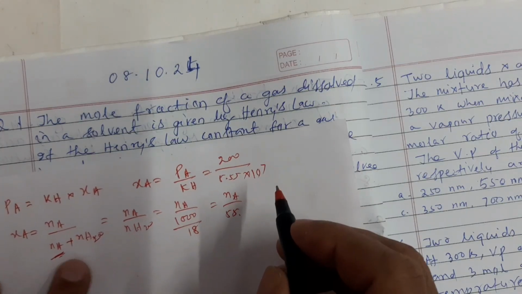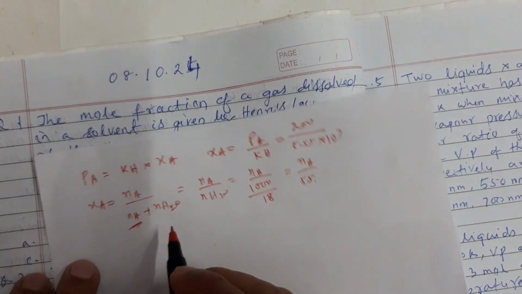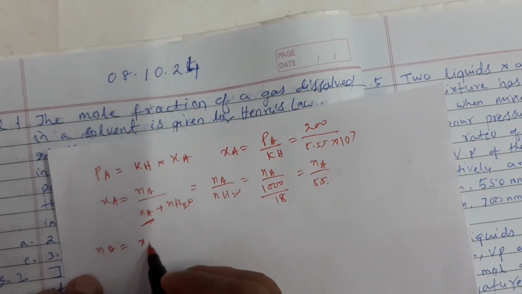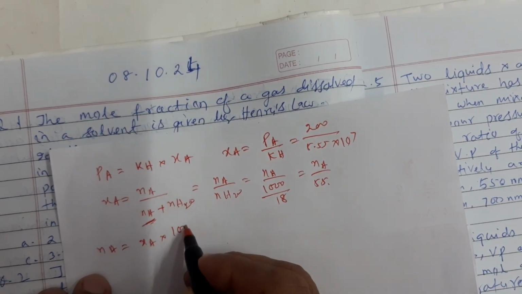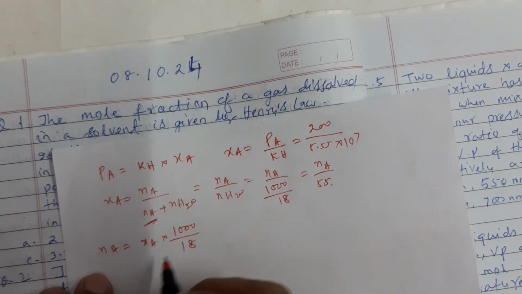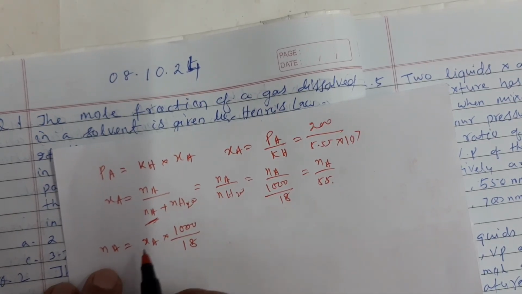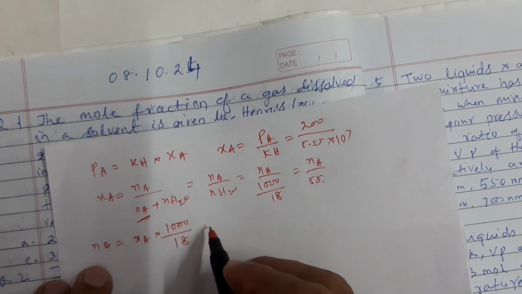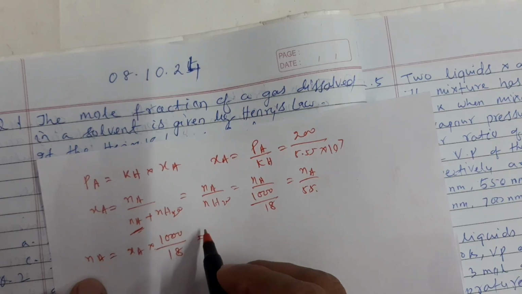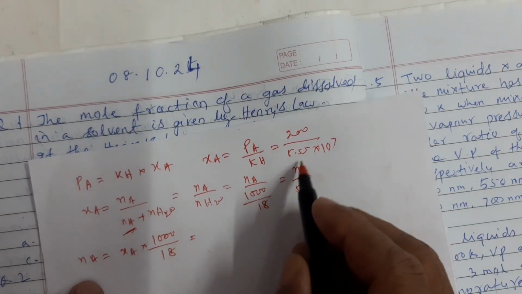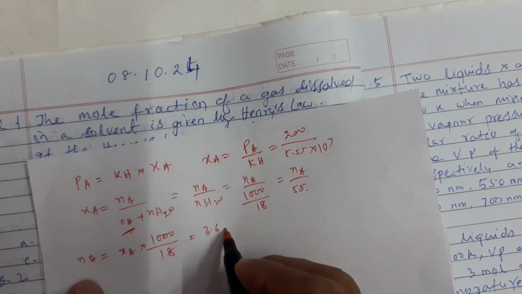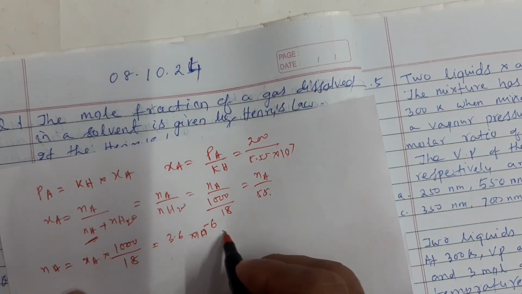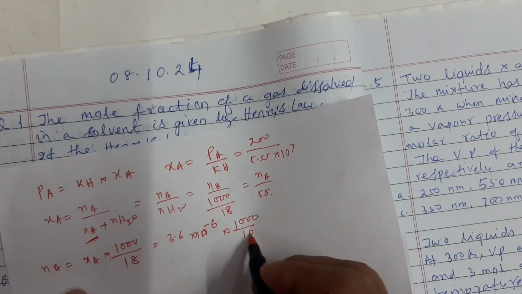So you can take nA is equal to XA multiplied by 1000 by 18. XA is 3.6 multiplied by 10 to the power minus 6, multiplied by 1000 by 18.